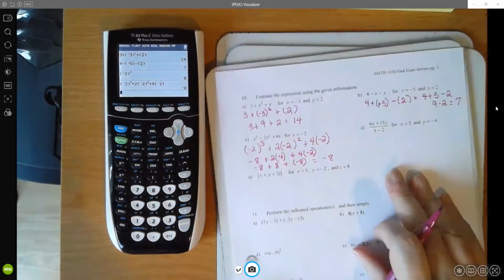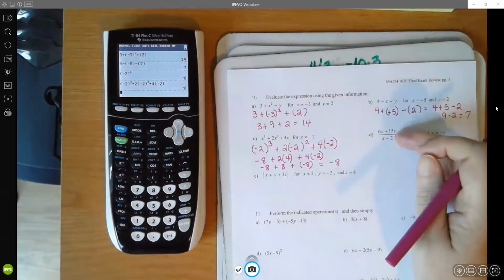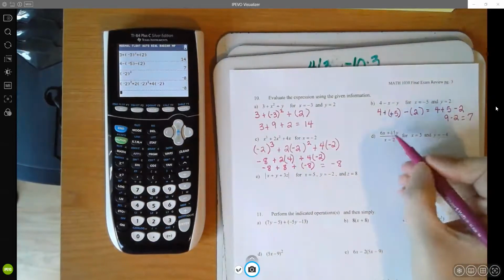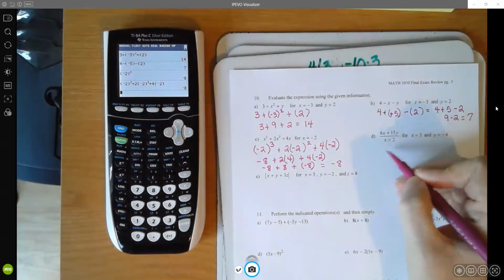Okay, in the next problem, we'll have a division. Notice there's a top and a bottom. A fraction bar means division. So I will want to figure out the top, figure out the bottom and then divide.